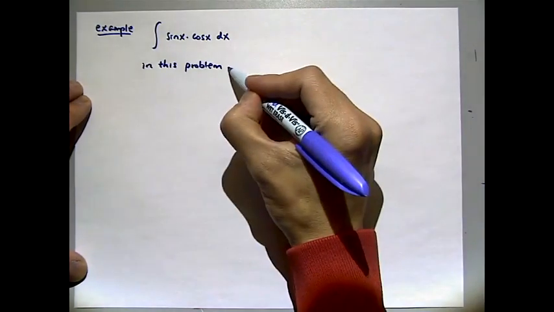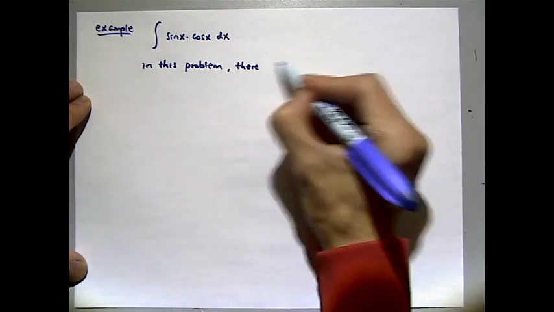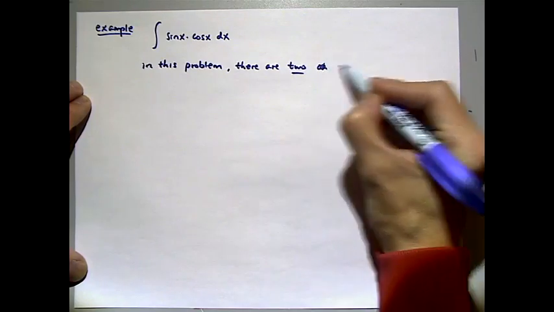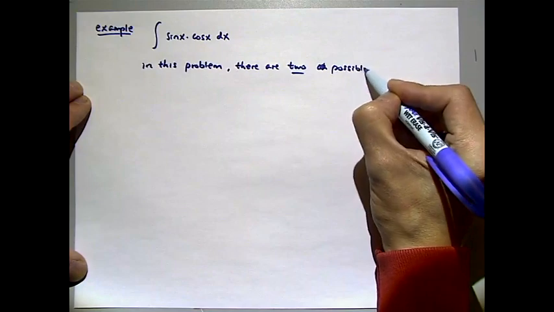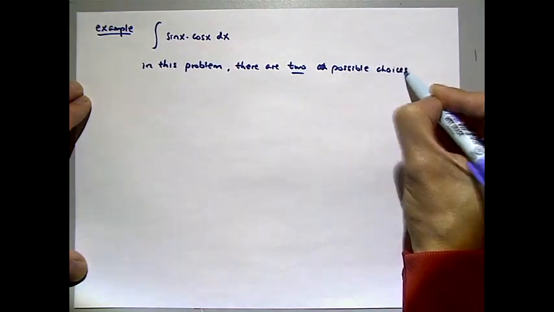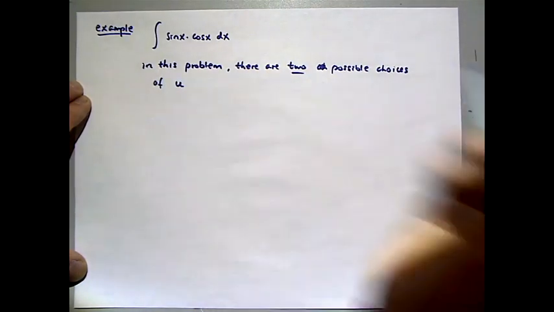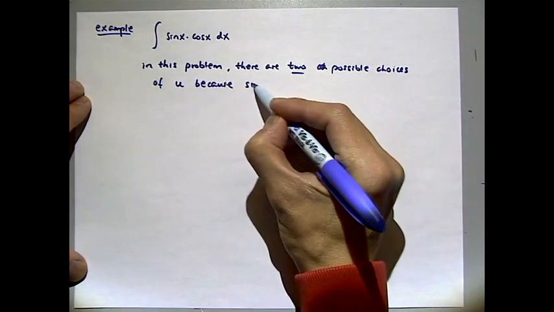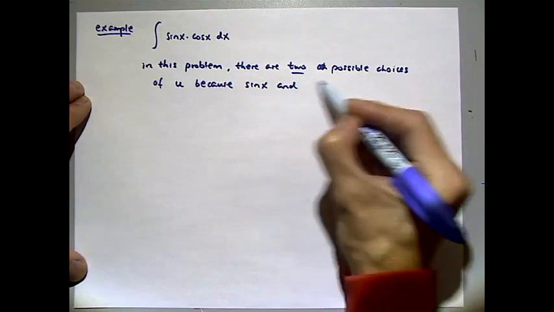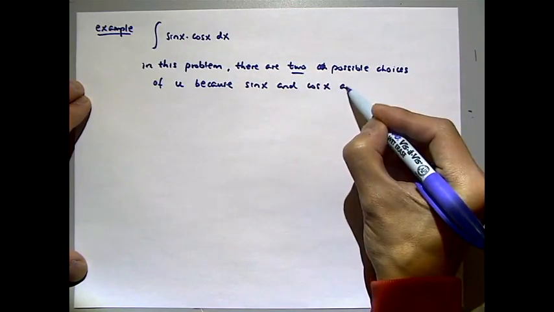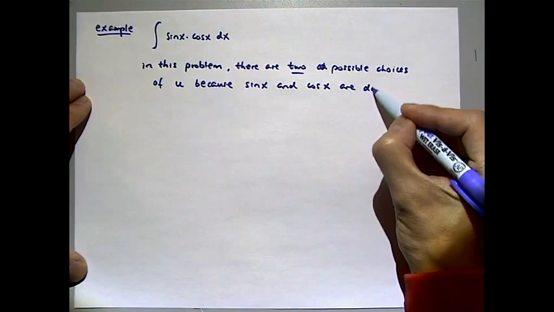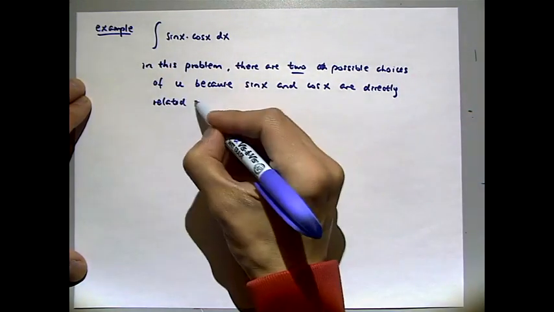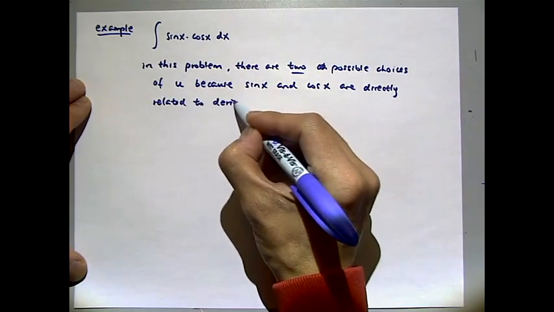In this problem, there are two possible choices of u. And the reason is because sine of x and cosine of x are directly related to each other, each the derivative of the other.